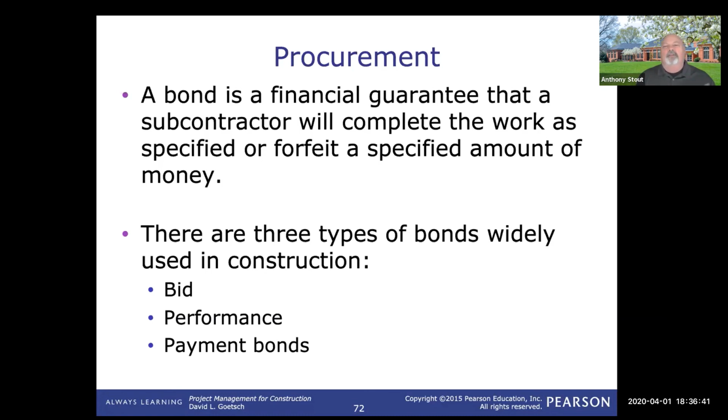And really all of these bonds, the performance and payment bond in particular, are based on your level of risk. The better reputation you have, the lower the bond price would be to be able to support that. If you have a reputation of being a shady contractor, then the price you pay is going to be a little bit higher for the bond.